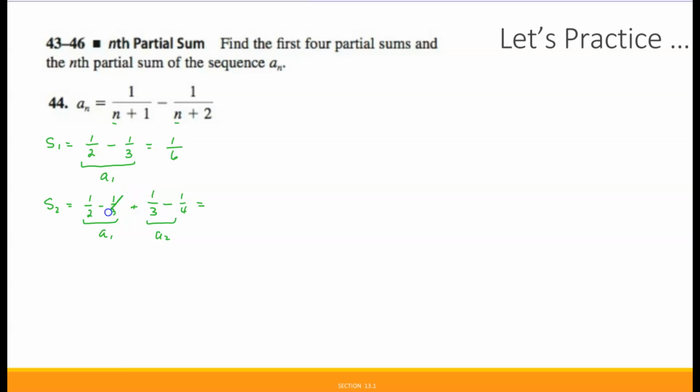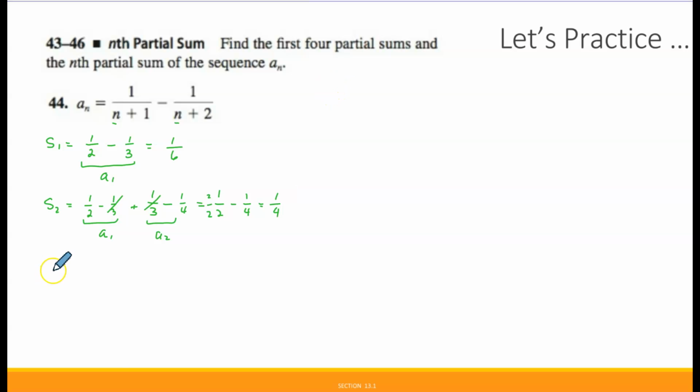What we notice is that these cancel out, so all we really are calculating is 1/2 minus 1/4. That's going to be a common denominator of 4. So if I multiply this by 2 over 2, 2 minus 1 would give us a fourth for the second partial sum.